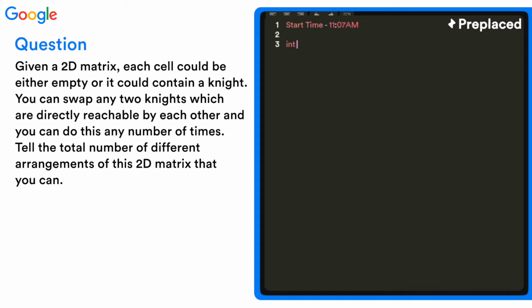So since this is the function that I have to return, let's just say we have a 2D matrix and each one is a character. And so, yeah, we have to traverse entirely.